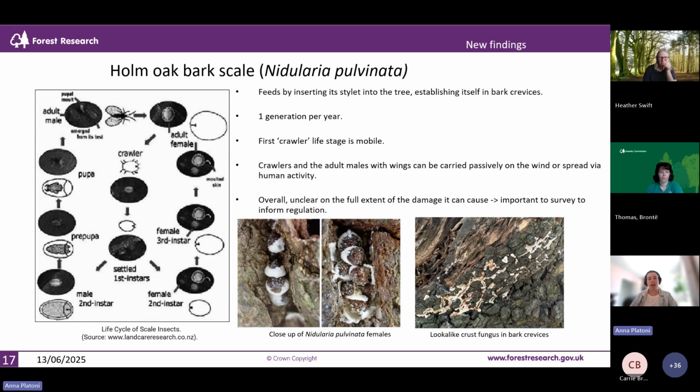Each female will lay 100 to 400 eggs in the spring, and then the adult females diapause from the late spring to summer until the following early spring. They're quite distinct when you see them, but there are some lookalike things, especially some fungi in bark crevices, which, especially when you're standing back, can look very similar.